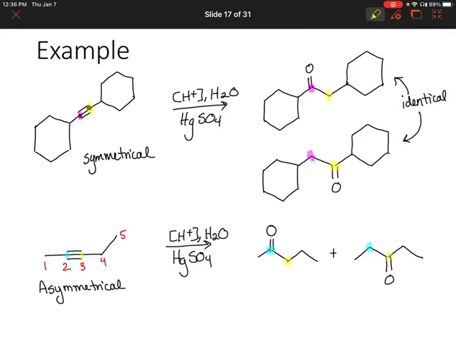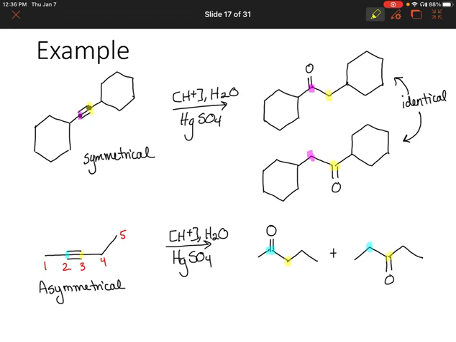Okay. Now, what is the relationship between these 2 products? Are they constitutional isomers, enantiomers, diastereomers, or identical? So I don't see any stereocenters. There aren't any carbons with 4 different bonds.